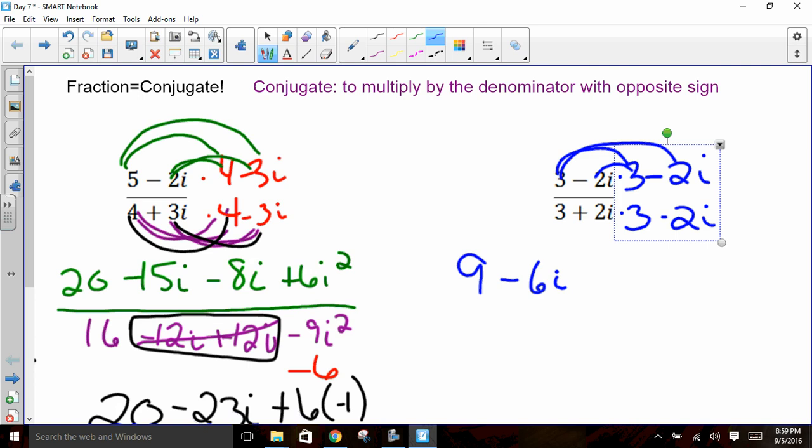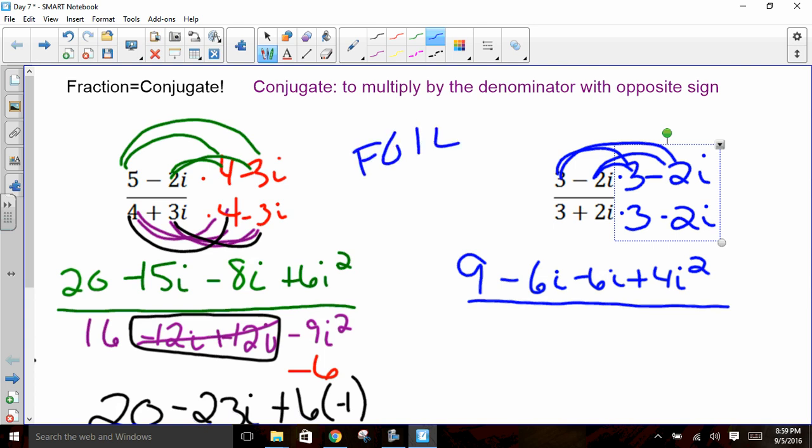Negative 2i times 3 is negative 6i again. Negative 2i times negative 2i is positive 4i squared. Remember, FOIL. Top. Bottom, we can do our fancy thing, because we're going to cancel it out.